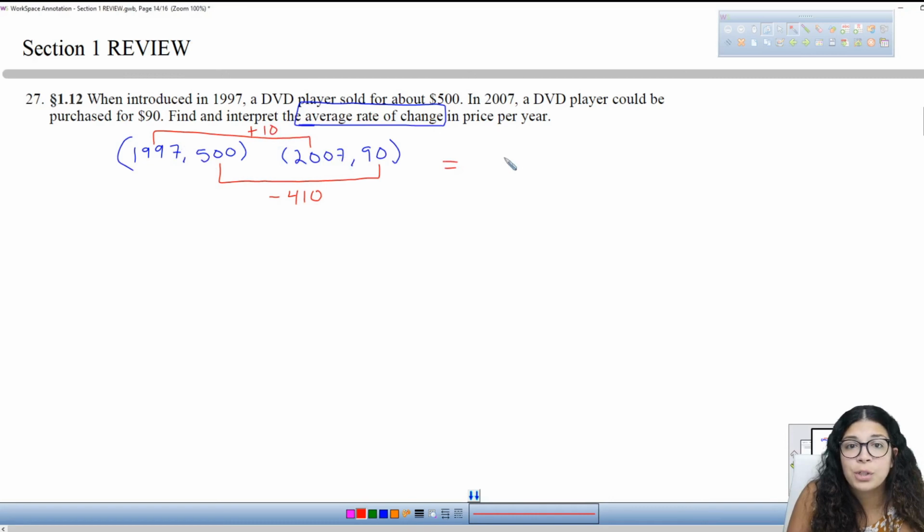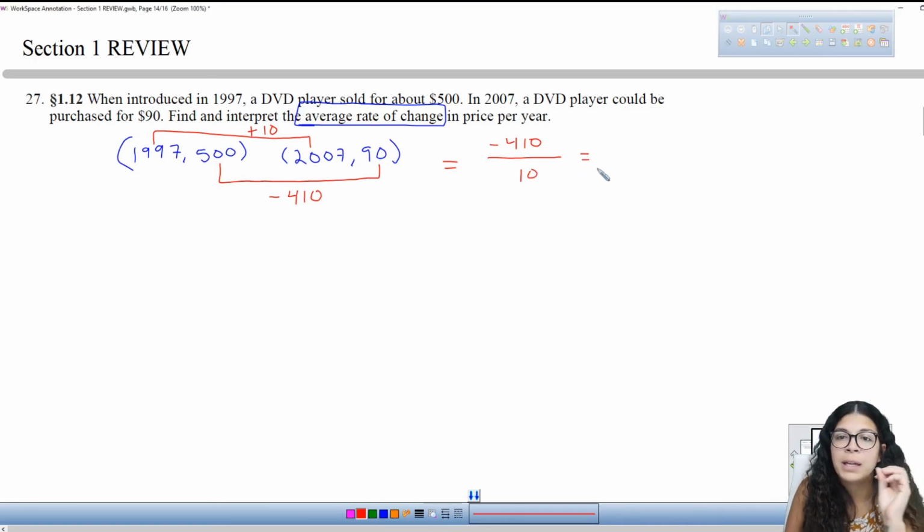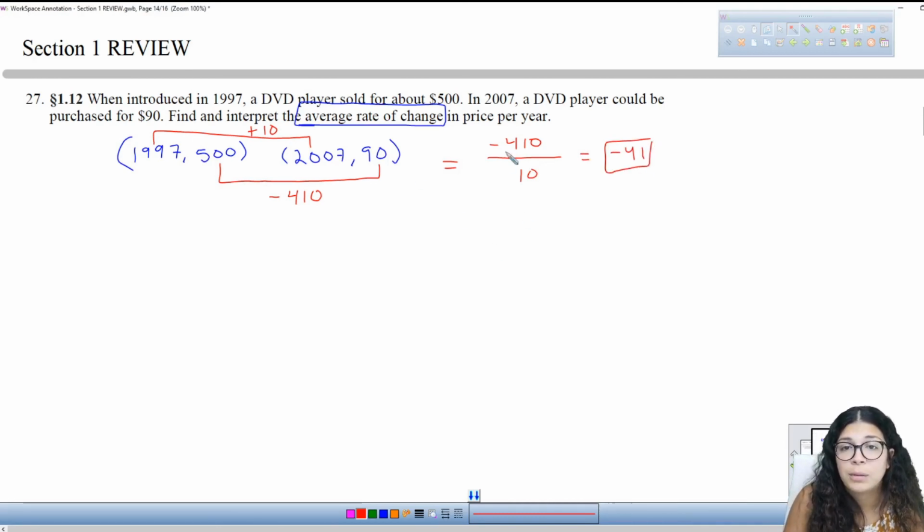So the average rate of change, remember, the change of the Y value goes on top. The change of the output is the numerator, and the change of the input is the denominator. So negative 410 divided by 10 would be negative 41. And that's the average rate of change in price per year. So basically how you can interpret this, because this is a real world problem, right?